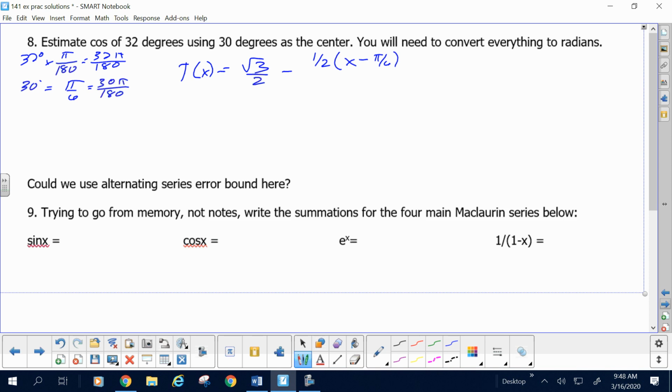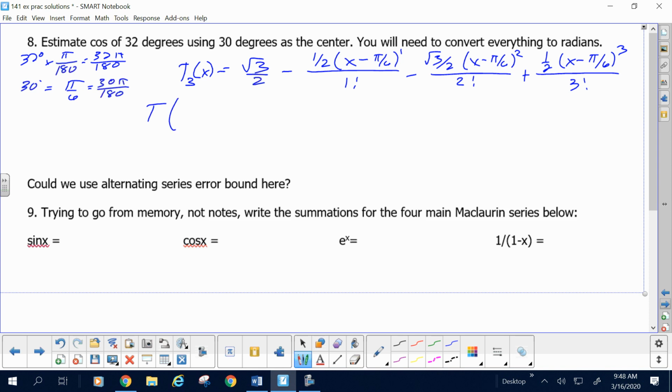And then there is f prime, negative 1/2, which is f prime at 30 degrees, minus root 3 over 2, (x minus pi over 6) squared over 2 factorial. It didn't say how many terms, so I'm going to go through third degree. It's hard to write a general term for this. The pattern is kind of wacky, so we're just going to go through third degree. Sorry, I should have specified that in the question. All right, there's your third degree Taylor.